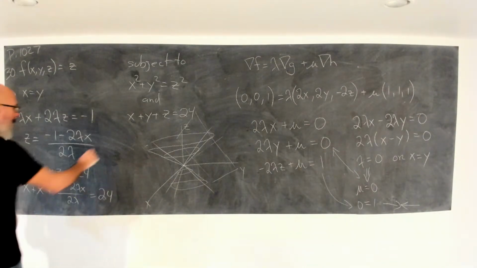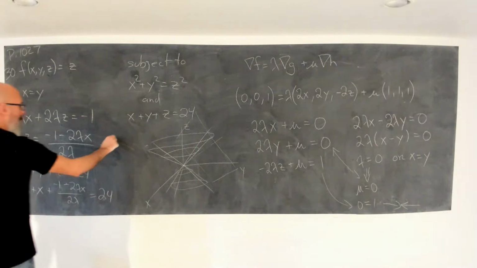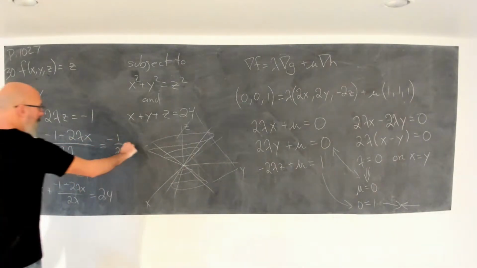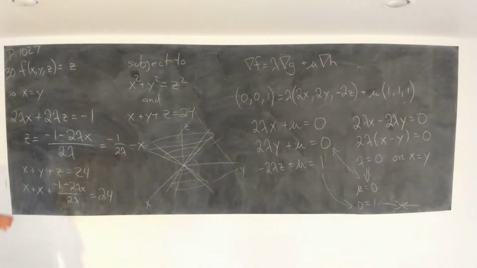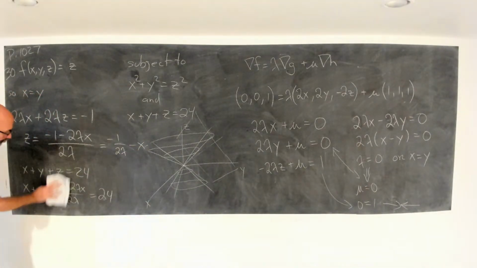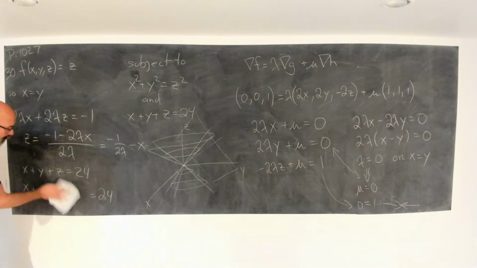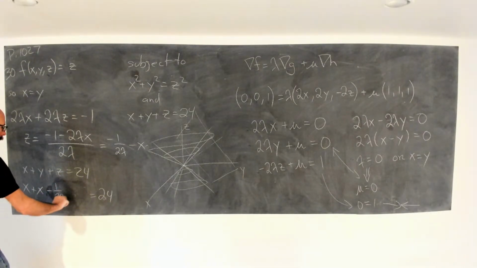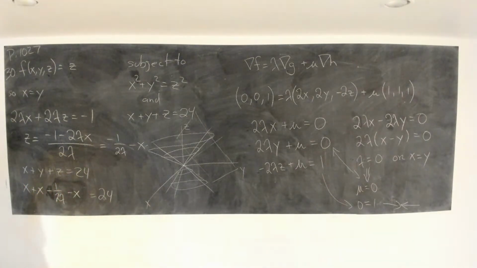Okay, it would have probably been better to rewrite this as minus 1 over 2 lambda minus x. Why don't we do that? So minus 1 over 2 lambda minus x. The x's cancel.